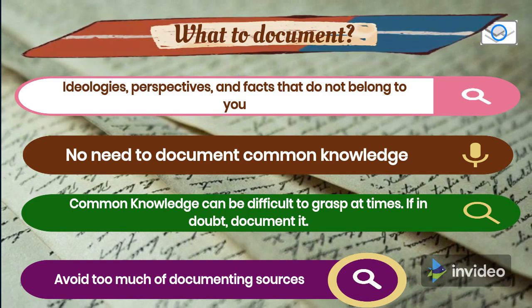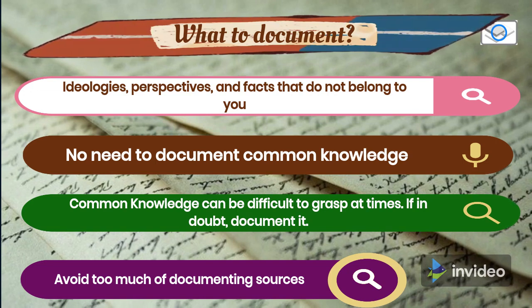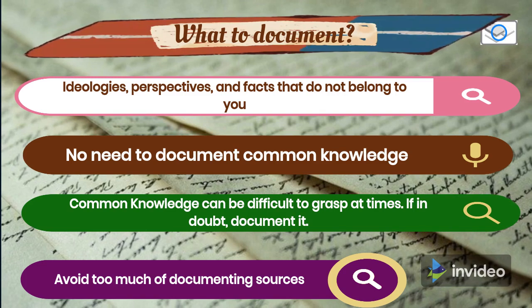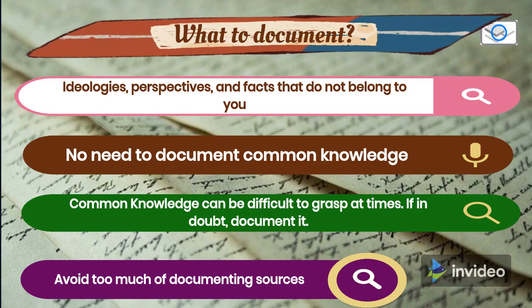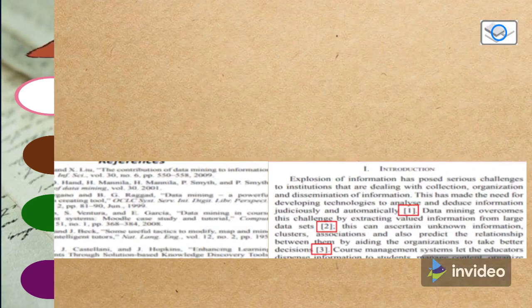Hence, you should avoid too much documenting of sources. The rule of thumb is whenever you use information from sources, you should comment on that information. Your comment should be approximately the same length as the source itself. So these are the key things about what to document in your manuscript.